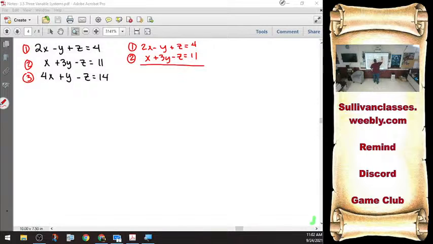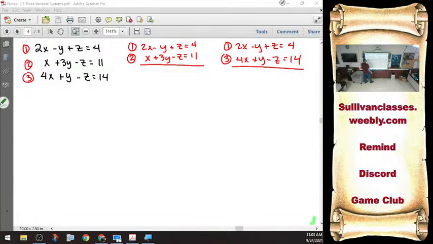I'm also going to have equations 1 and 3. 2x minus y plus z is 4. 4x plus y minus z is 14. Okay, goes bye-bye. 3x plus 2y is 15.